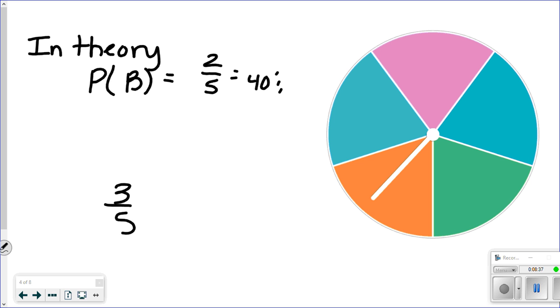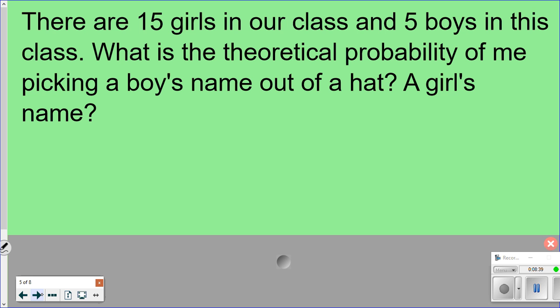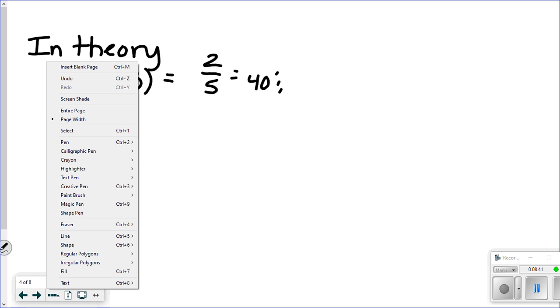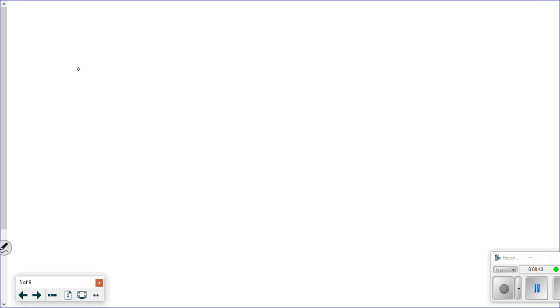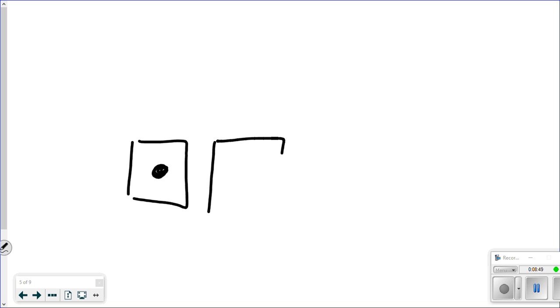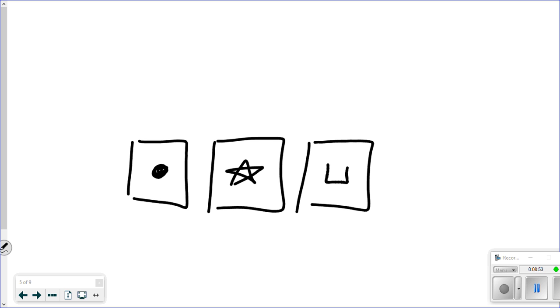The other part of this, too, sometimes it might not be the same. Let me do another example. Okay, I have 4 cards. I have one with a circle on it. I have one with a star on it. What's another shape? Square. Triangle. Okay, these are my cards.